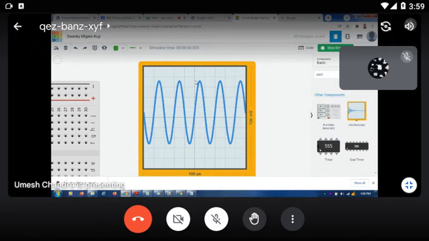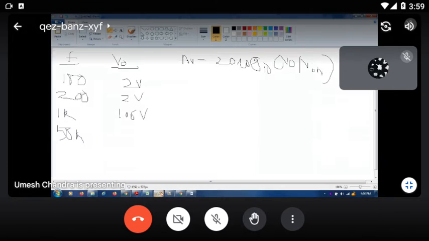This is half and this is half. Here 1, 2, 3, 4, 5. That is 50 millivolt. Another 50 millivolt. Another 5. 60 millivolt. When you give the 50 kilohertz frequency, you reach 60 millivolt.